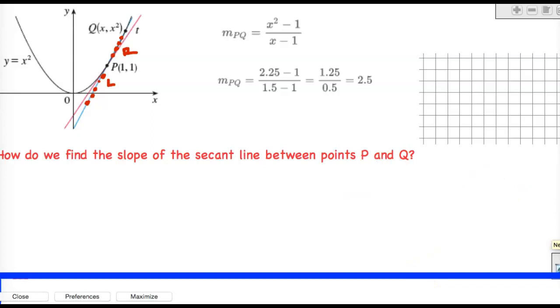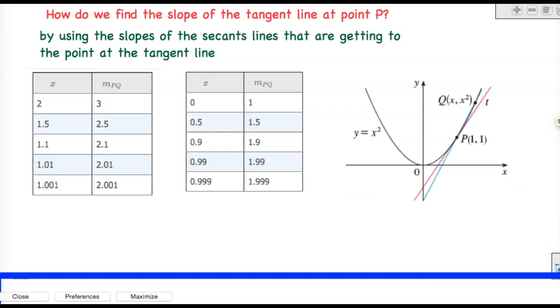So your text did the legwork for us. Now if we use the slope of the secant lines by picking points getting closer to the tangent line, notice what's happening with these slopes. On this side, these are the values that are coming in from the right, getting closer and closer to 1, and notice that the slope is approaching 2.